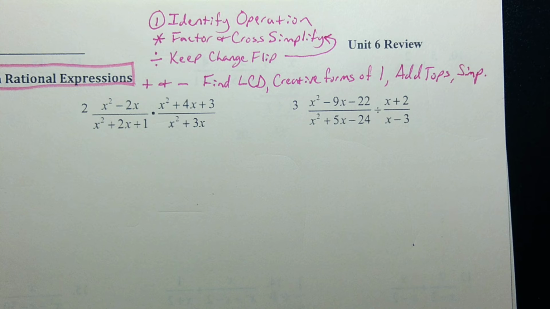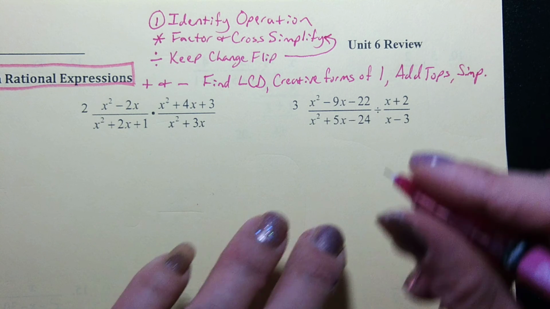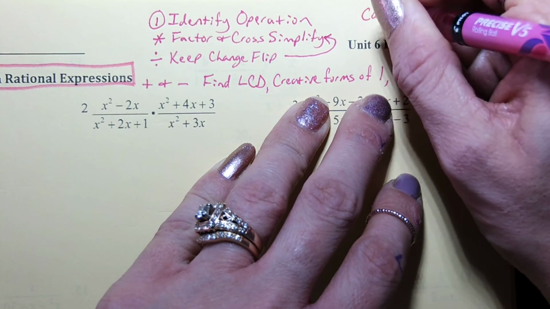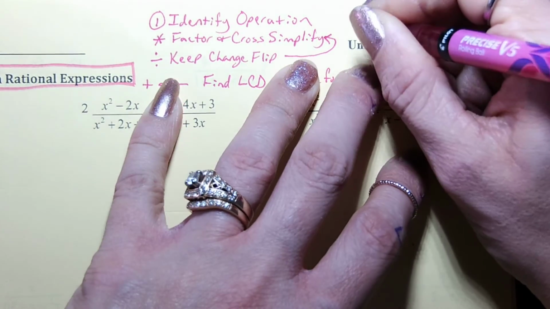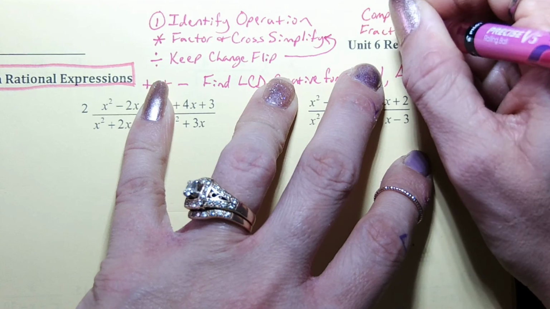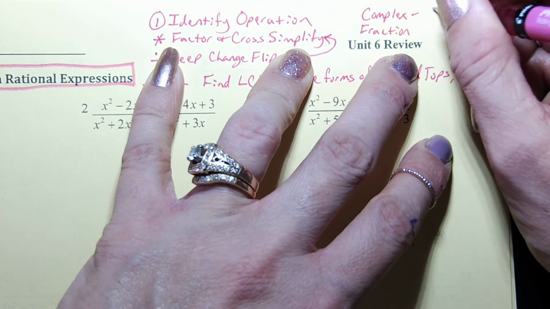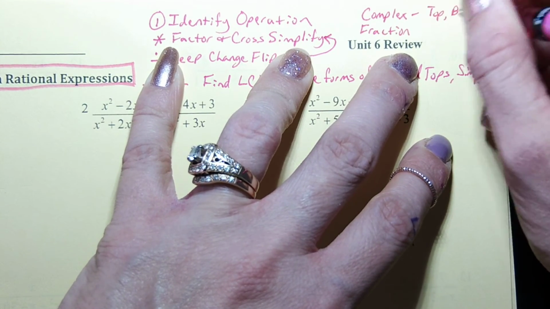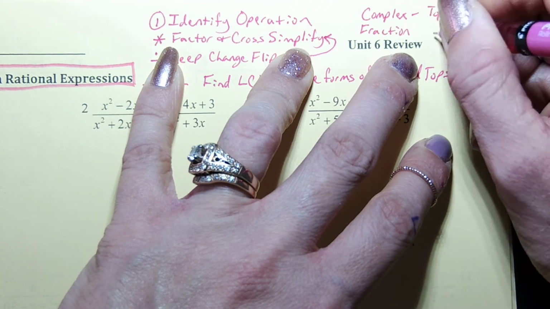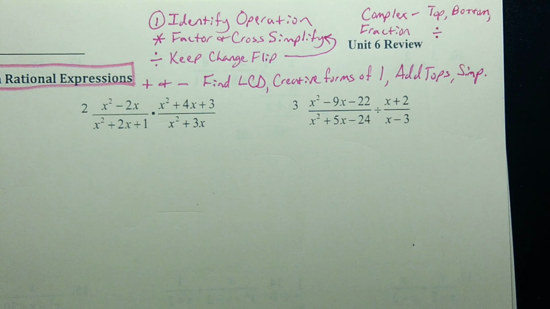So the operation that you have, that dictates how the rest of the problem goes. Now, if it is a complex fraction, those are those big, ugly ones, you handle the top, the bottom, and then the division by doing keep, change, flip.